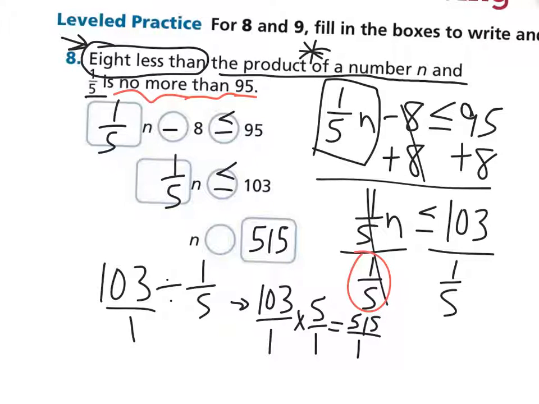Make sure on this last step whether our sign needs to switch or not. We divided by 1/5. That's a positive number, so the sign's not going to change. Remember, if you multiply or divide by a negative number on that last step, then the inequality sign changes directions.